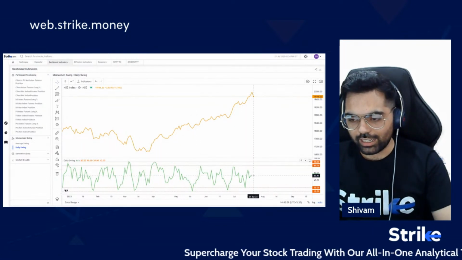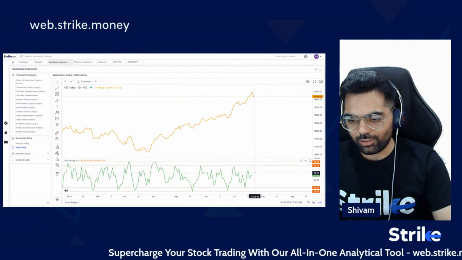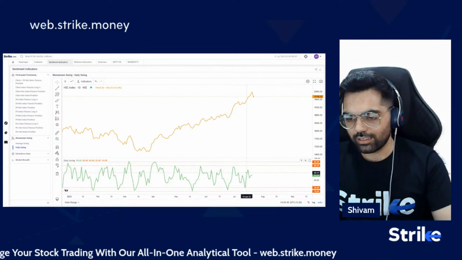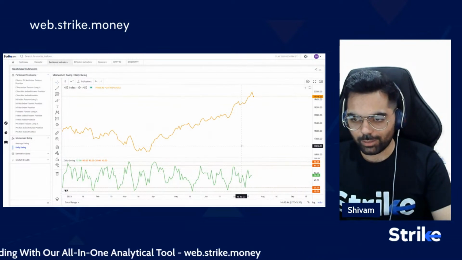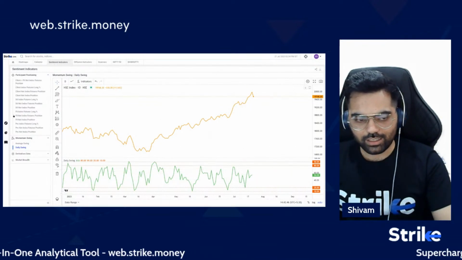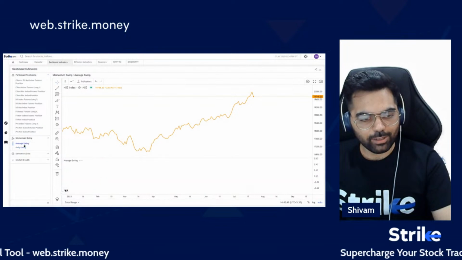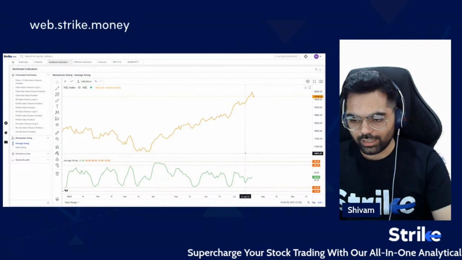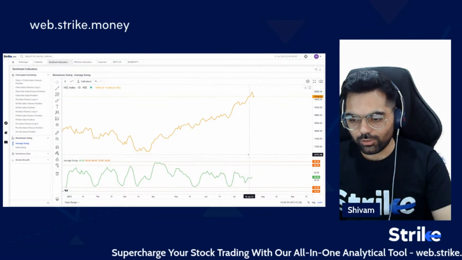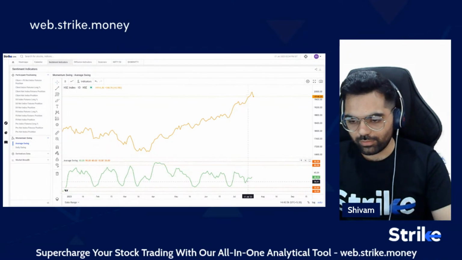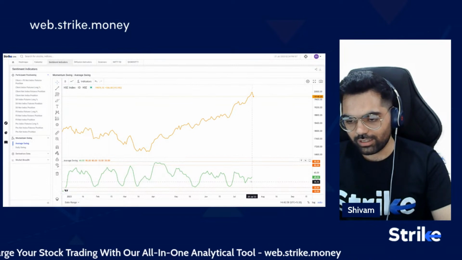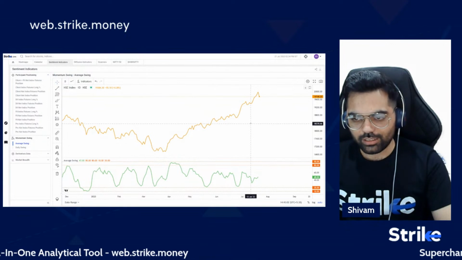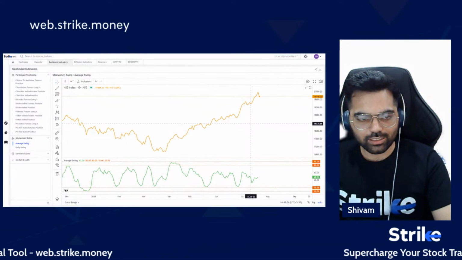Right now it is in the neutral zone, not really overbought or oversold, but whenever it reaches near the 20 zone, we have seen the market pick up quite substantially. The average swing, which is the smoother version of the same indicator, is also in the neutral zone, and it is just looking to pick up a small bit in this session. But that needs confirmation till the market close, as the values are still changing.